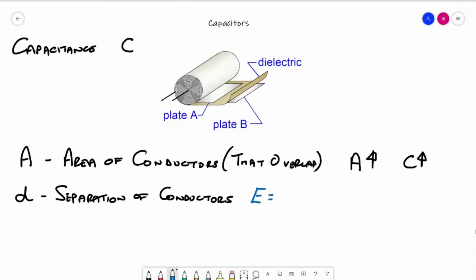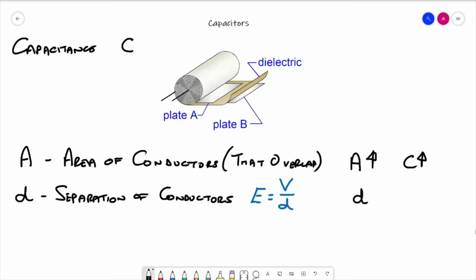Well, from the electric fields topic, we know that electric field E is V over D when we're talking about parallel plate conductors. And therefore, if we want to maximise the electric field and therefore maximise the capacitance, we need to make sure that D, the separation of the conductors, is as small as possible.